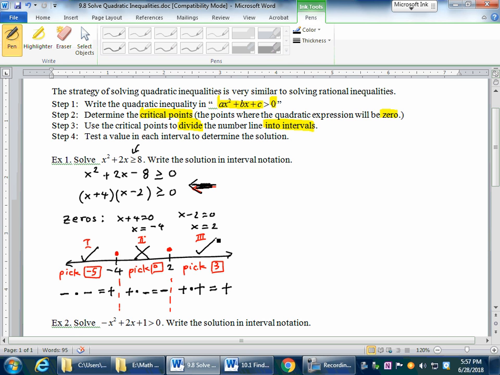So this interval is also a part of the solution. We want to write our solution in interval notation. According to this real number line graph, it will be from negative infinity to negative 4 inclusive, union with 2 inclusive to positive infinity. And that will be my final answer.